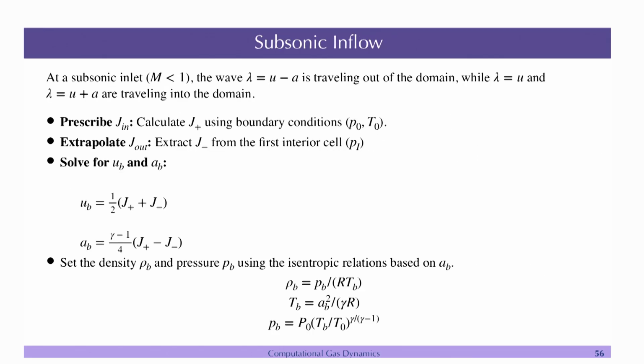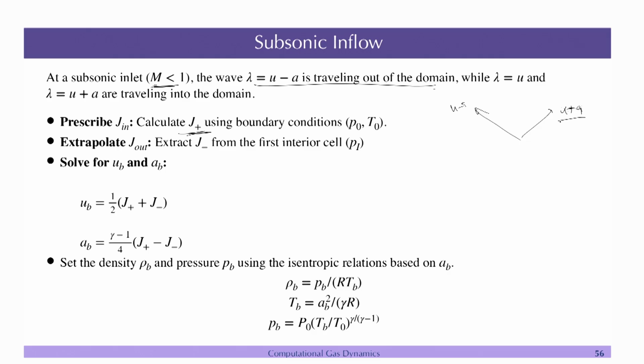So, how do you do this for the subsonic flow? Let us say the Mach number is less than 1. One characteristic is coming out of the domain, so one is u minus a and another is u plus a. From the boundary conditions you calculate the J plus, which is u plus a.